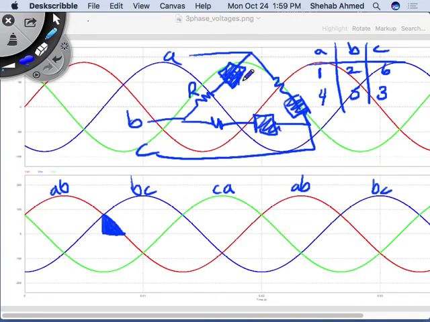So if I turn on device 1 here, I will be applying line AB voltage across my load. What is the corresponding current going to look like? Also the same, because I have a resistive load.